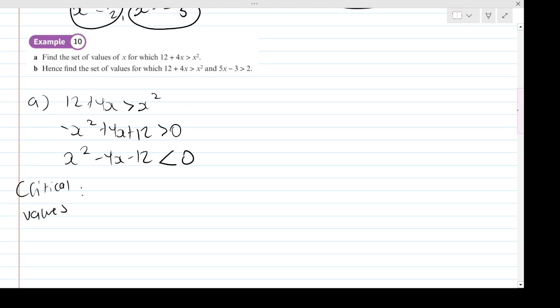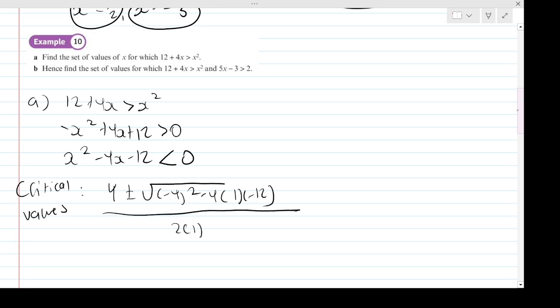And really, you don't need to be that detailed. But the critical values, again, from solving it equal to 0, I'm just going to do the quadratic formula to get that. So that would be minus minus 4, so plus 4, plus or minus the square root of b squared, which is minus 4 squared, minus 4 lots of 1 times minus 12, over 2 lots of 1, and then you put that in the calculator.